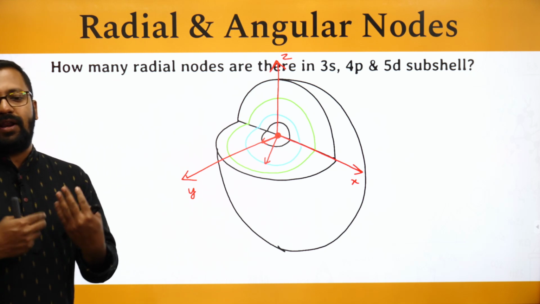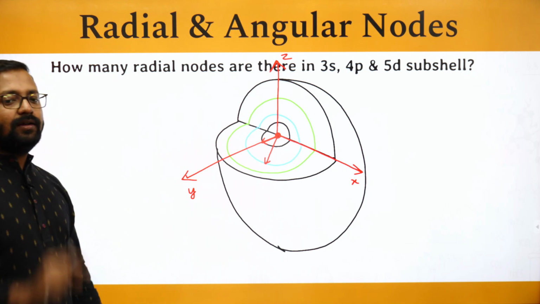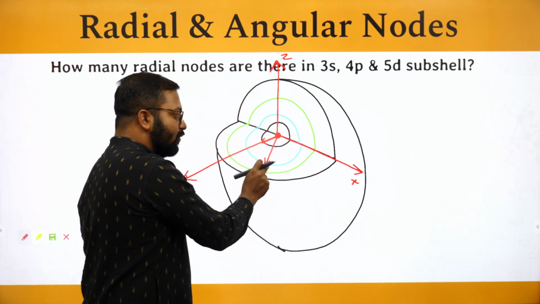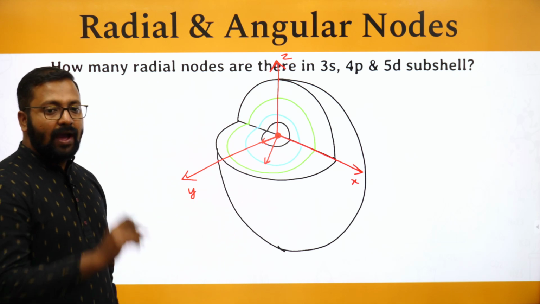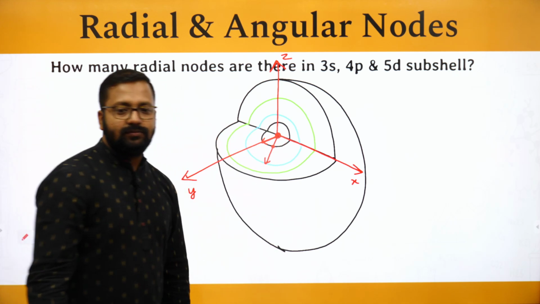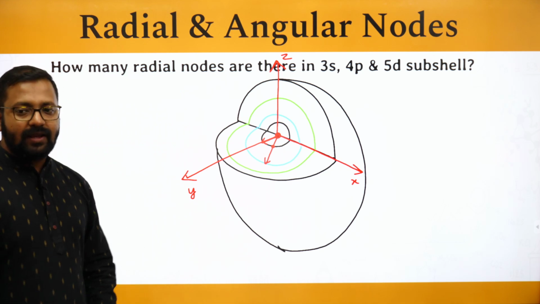You had to cross the boundary of the black colored sphere, isn't it? Can everybody agree with me on this?